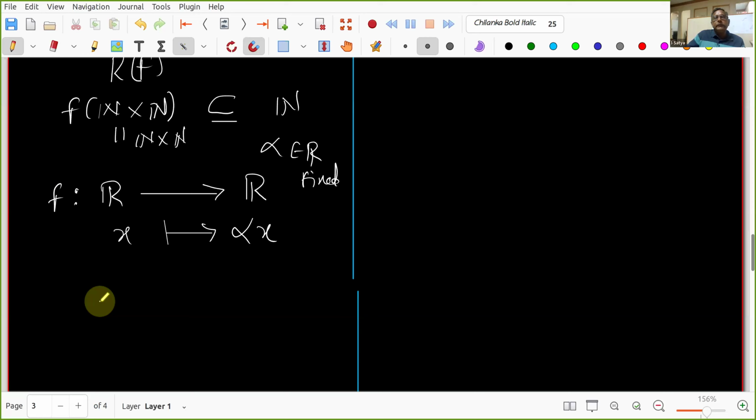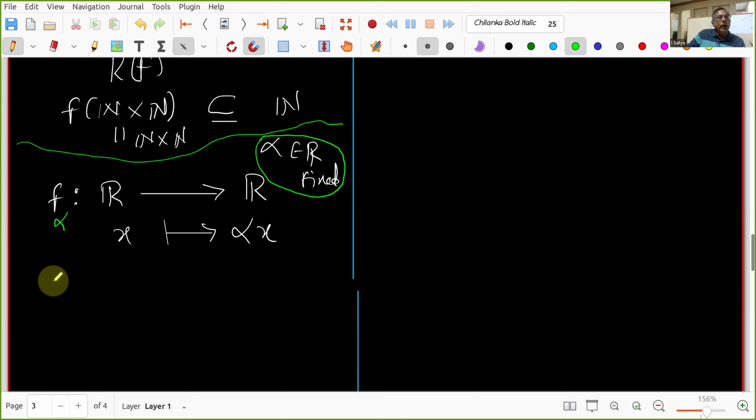The problem is open to you. For example, if alpha is 2, then x goes to 2x; if it is 3, then 3x. We can also call it f alpha: f alpha of x is equal to alpha times x.